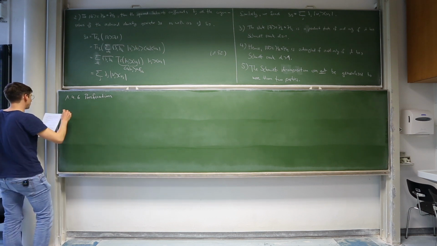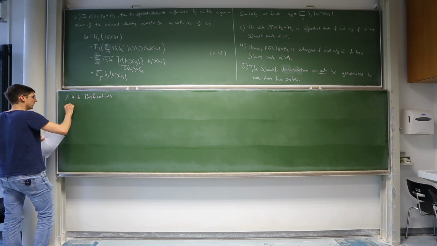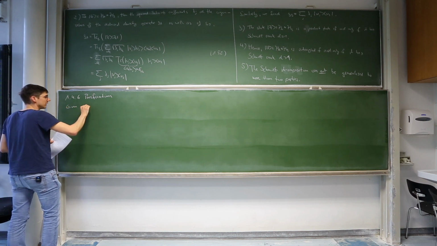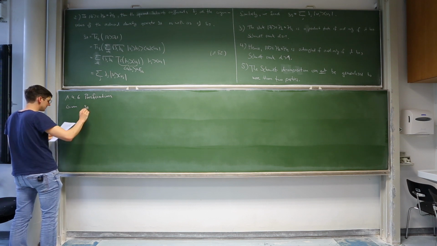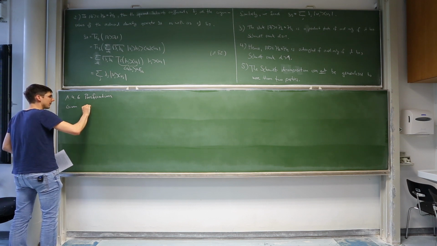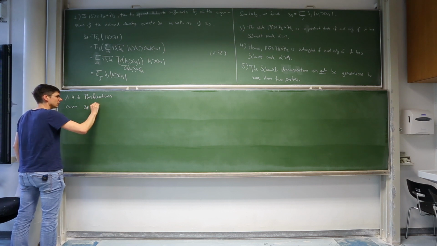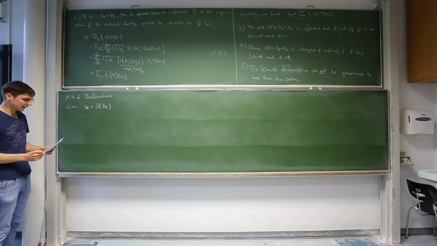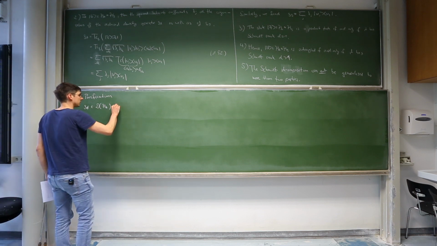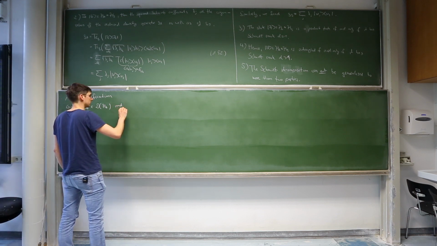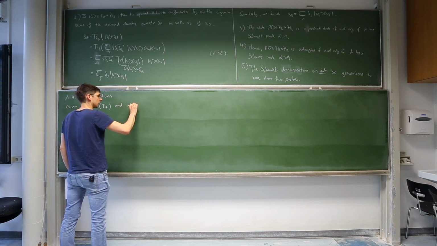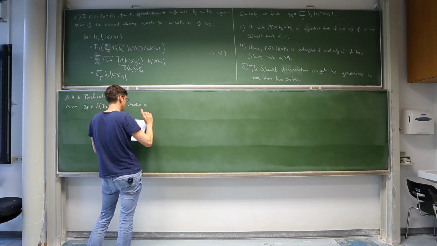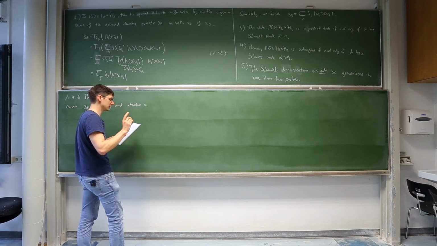So suppose we are given a possibly mixed state, rho A, which is a density operator on the Hilbert space HA. And we introduce a fictitious reference system. Okay, it's important, it's a fictitious system.